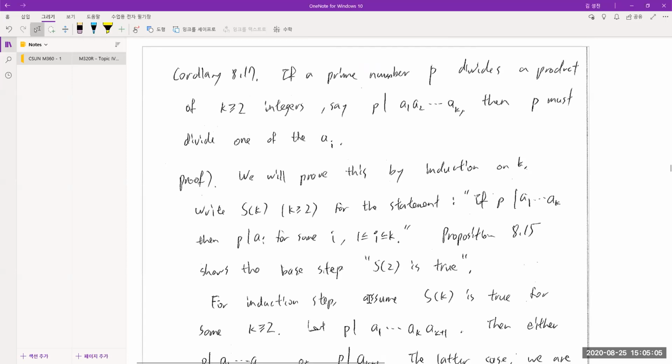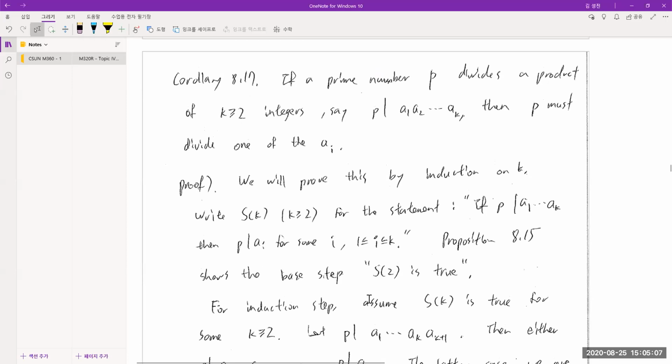Now 8.17. Prime number P, this is a generalization of the previous statement. If P divides a product of k integers, k greater than or equal to 2, say P divides the product a1 through ak, then P divides one of the ai.